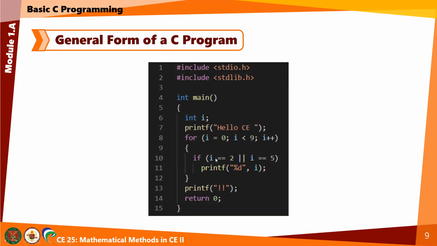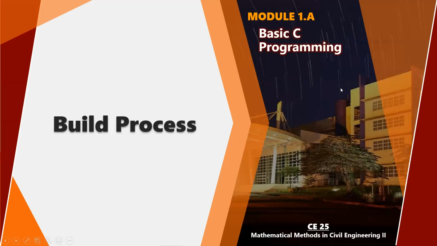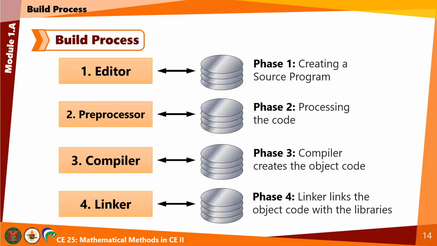Rather, it just compares if i is equal to 2. Naintindihan yung difference nila? So, single equal sign is assignment. Double equal sign is comparison of equality. Sige, let's proceed.